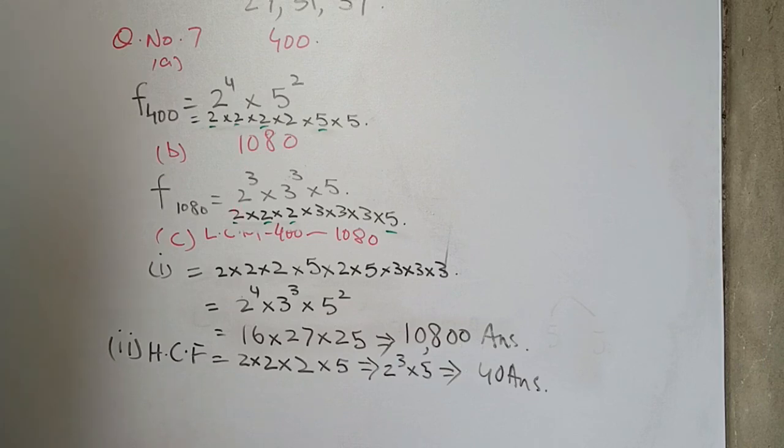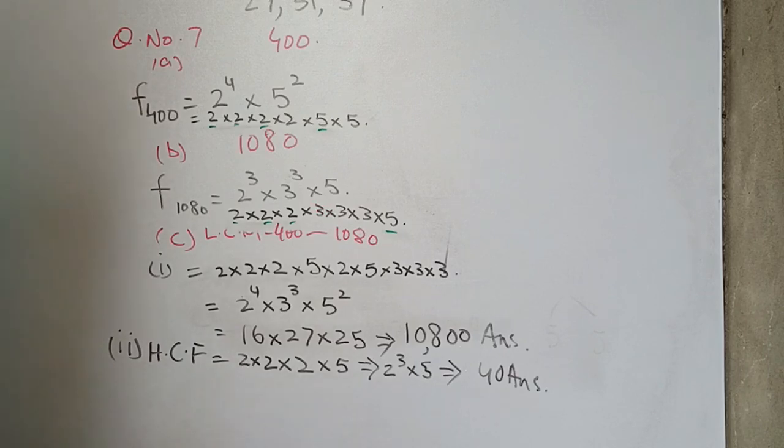So what we did here is that we picked one each out of the common factors, and those are 2, 2, 2, and 5 here, and the rest are the leftover numbers. Now this 5 is leftover, this 2 is leftover, and all the 3s are leftover over here.